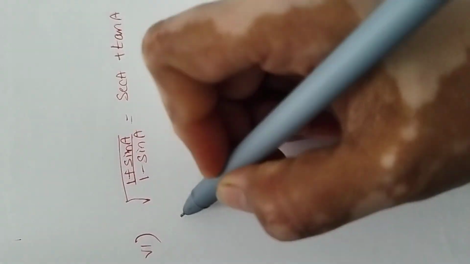Next, coming to this, we have to rationalize both the numerator and denominator with the root of 1 plus sin a.